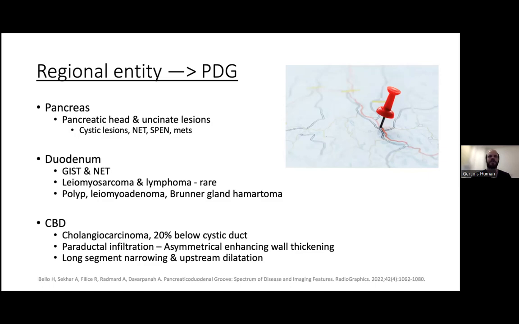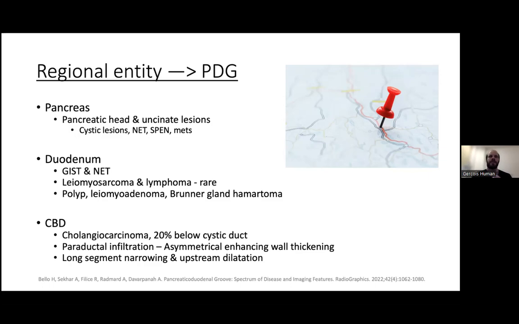In the duodenum, things that can originate from there are also quite uncommon. GISTs originate from the interstitial cells of Cajal, in the layers of the duodenum, out of the third layer, the muscularis. And then rare malignant mass-forming lesions like leiomyosarcomas and duodenal lymphomas may infiltrate, although they're also quite rare.